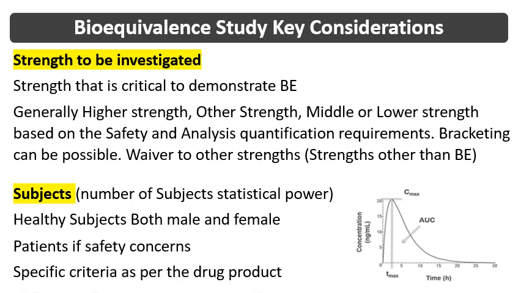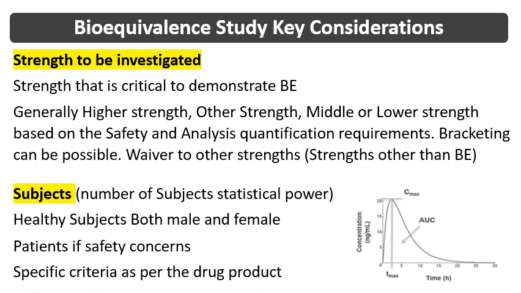Generally healthy subjects, both male and female, are taken. Patients are taken as subjects when there are safety concerns, and sometimes the subjects are selected considering the specific requirement for the drug product. The subject selection is also based on the metabolism properties.